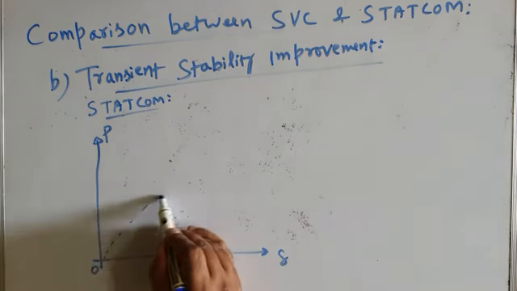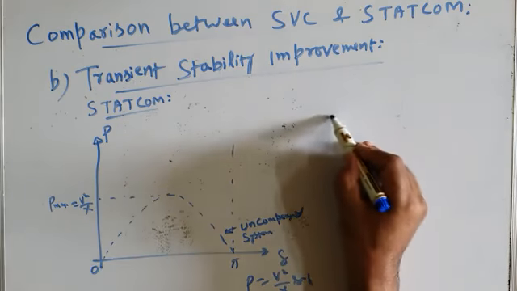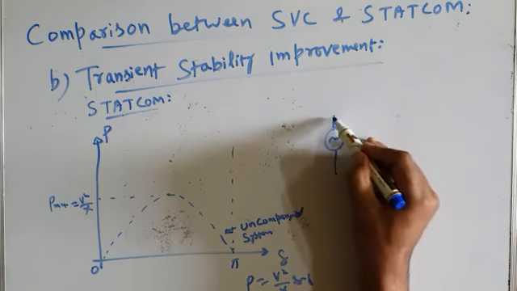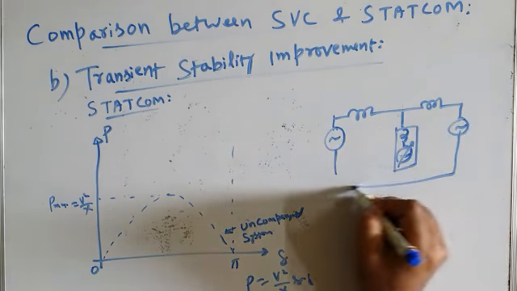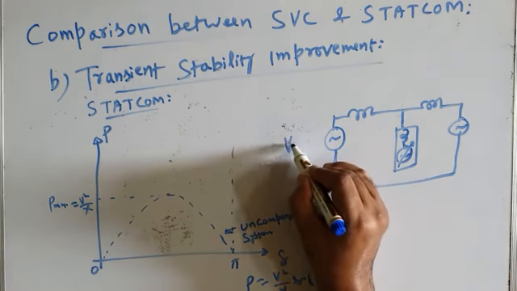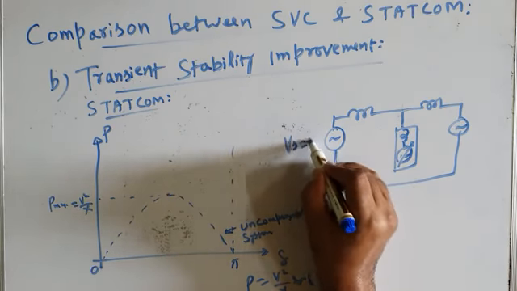Now let us suppose that we connect the shunt compensator. So how do we connect the shunt compensator? This is our shunt compensator, it is connected like this. This is the schematic diagram of a shunt compensator connected with the system. This is the sending end voltage equal to V at an angle of delta by 2.